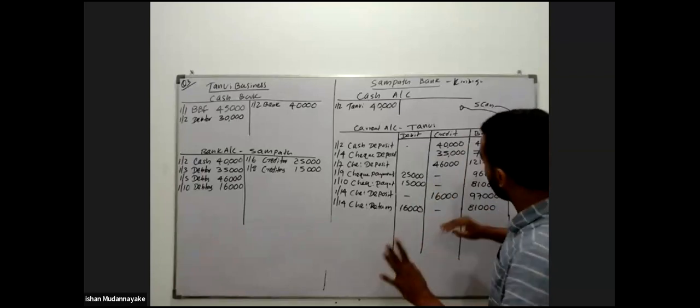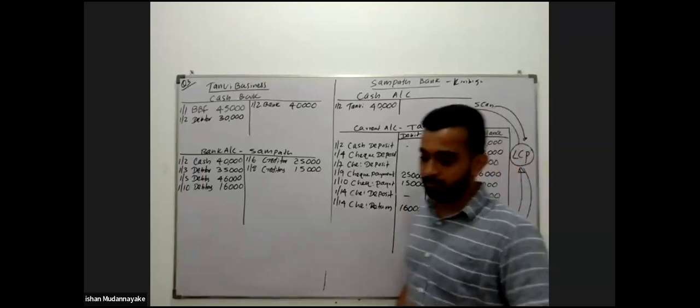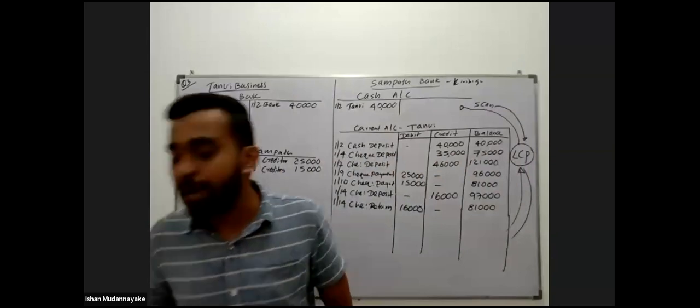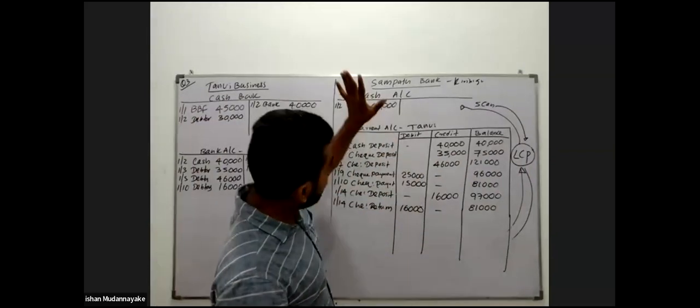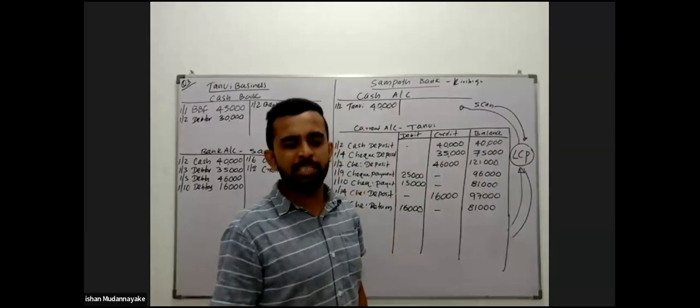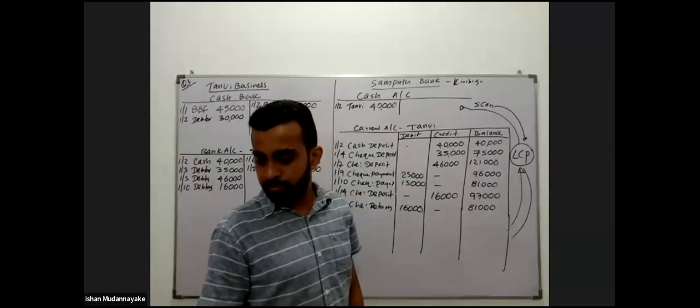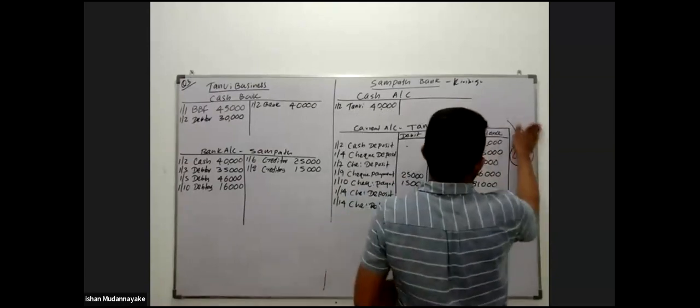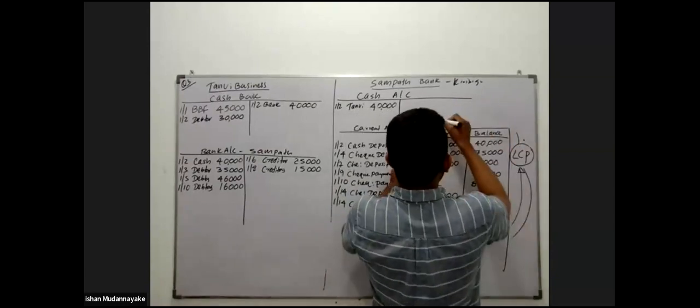And this is the bank statement. Actually, this is the bank statement prepared by Sampath Bank on behalf of Tani. Then using your red pen, write down here: bank statement.